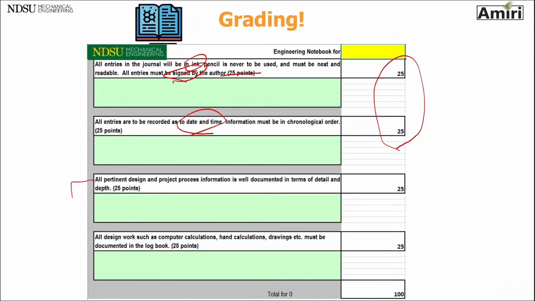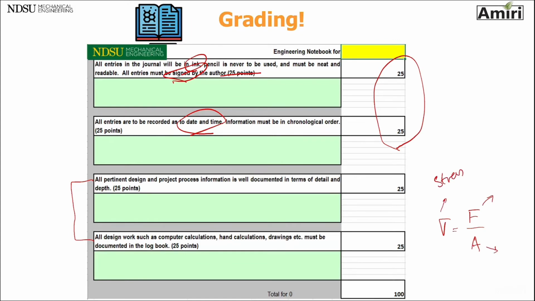The other 50 points go back to how well you keep details and record everything. Again, do not be shy of recording every detail. Be as descriptive as you can. Include all the details, all the calculations, even a simple calculation when you're doing stress, F over A. Put a slash and explain what each of them is.